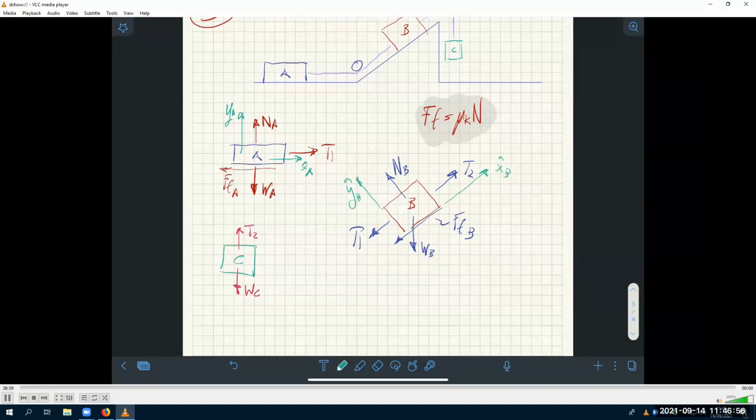Because WB is neither parallel nor perpendicular to the ground. All the other forces are parallel or perpendicular to the ground. So the smart choice, which is not the only right choice, you can choose whatever you want, is that you only split WB into components rather than every other vector. It's the engineering choice.